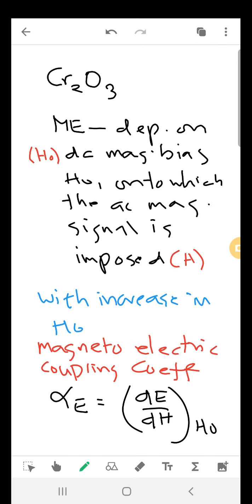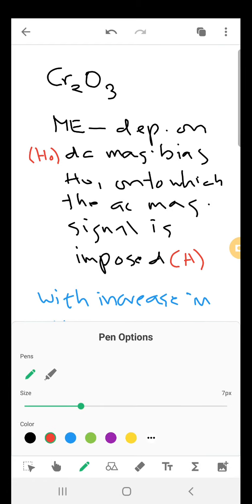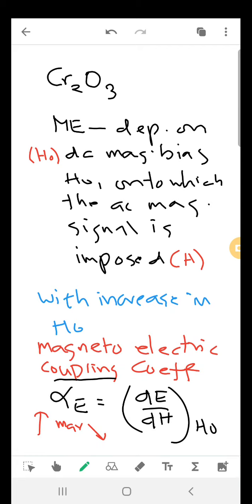So this alpha is first found to increase to a maximum, and then decrease. Initially it increases, reaches a maximum value, and slowly comes down. This is the coupling coefficient.